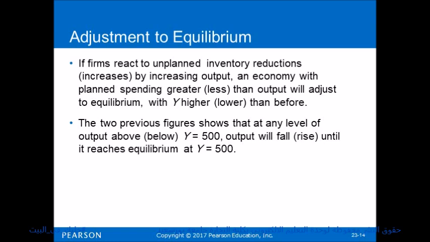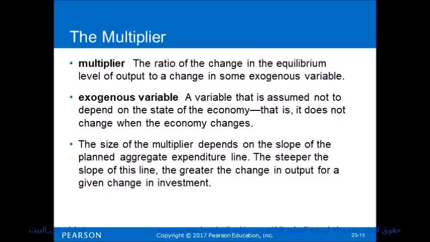The two previous figures show that at any level of output above or below Y equals 500, output either will fall or rise till it reaches equilibrium at Y equals 500.